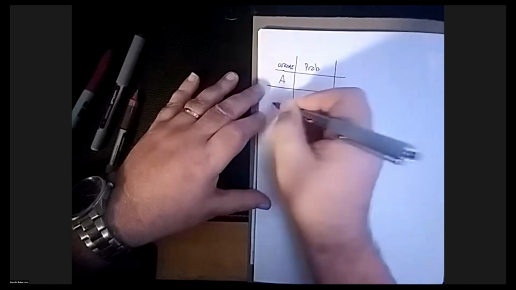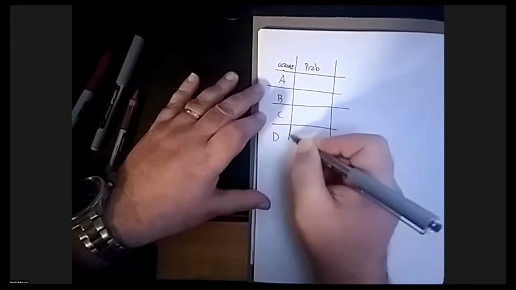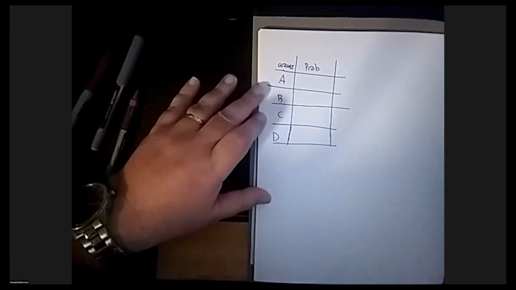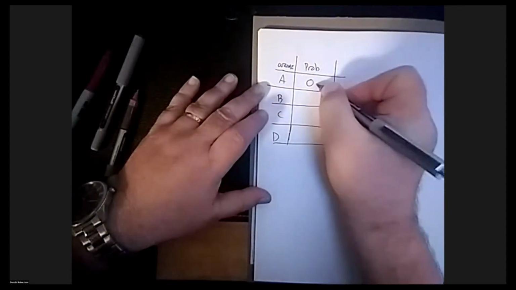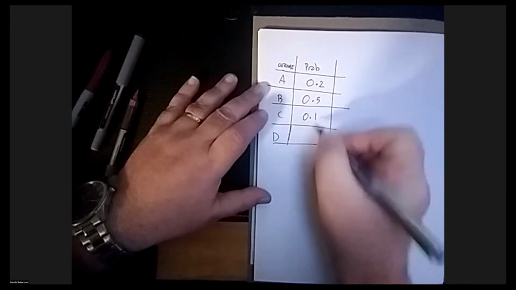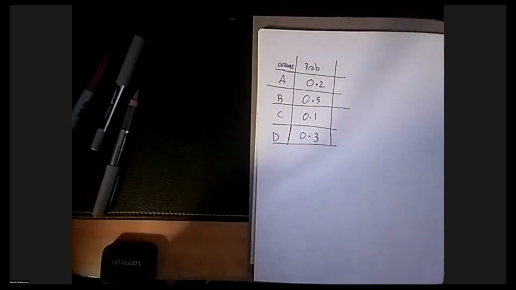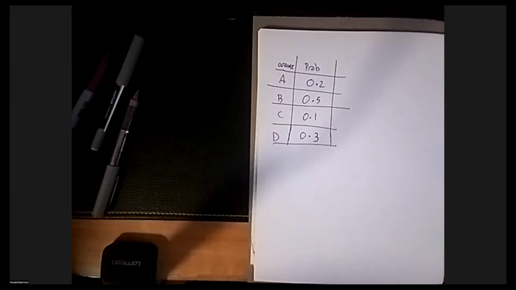I'm not even going to put details in because that's not important for this question. And I tell you the probabilities are 0.2, 0.5, 0.1, and 0.3. And the question is dead easy: could this table be a probability distribution? And you answer yes or no.